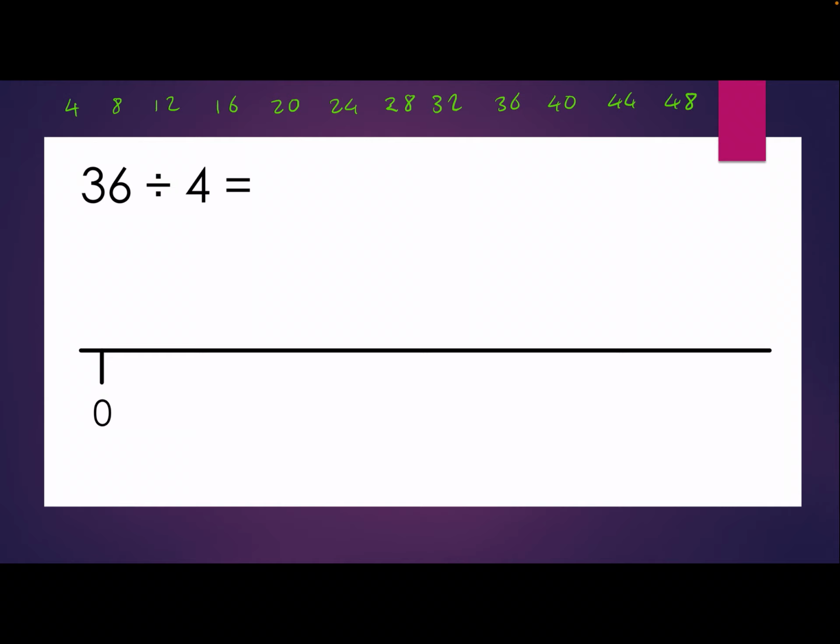Okay, so I need to keep on drawing groups until I get to 36. My first group, and I'm not going to draw the Lego bits in, I'm just going to draw the jump. My first jump of 4 gets me to 4. My second jump of 4 gets me to 8. The next one gets me to 12.